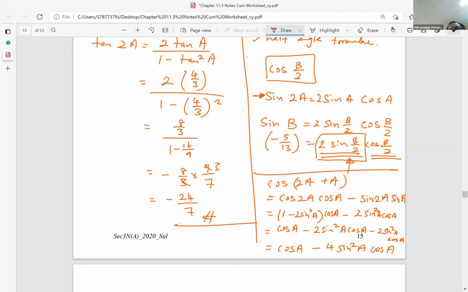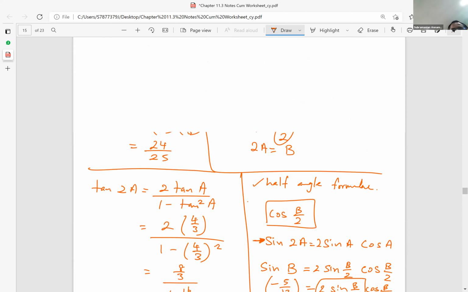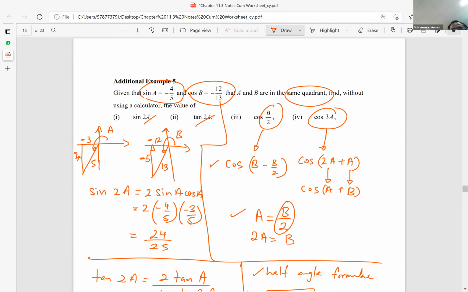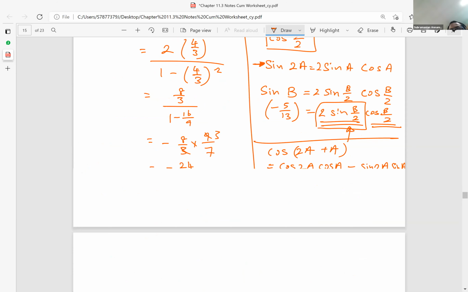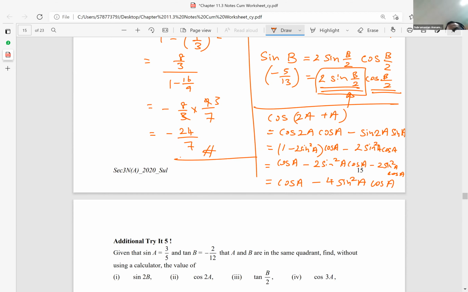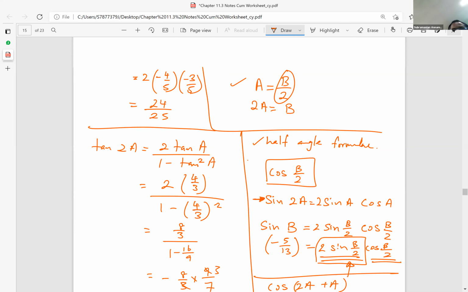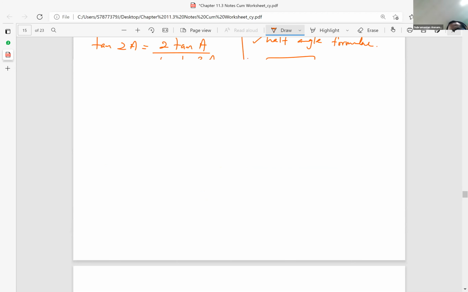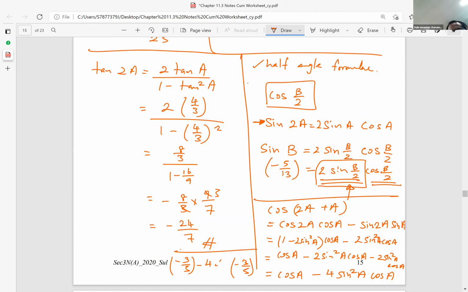Can we substitute? What do we have here? We only have sine A. So cosine A is negative 3 over 5. So it's negative 3 over 5 minus 4 times negative 4 over 5, negative 4 over 5.